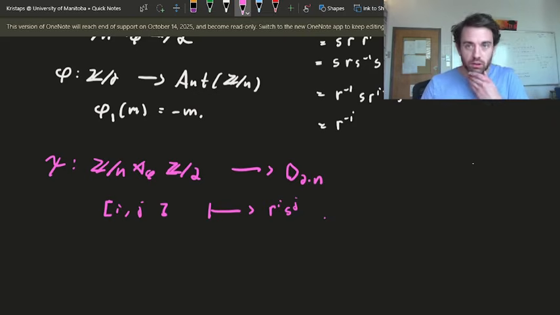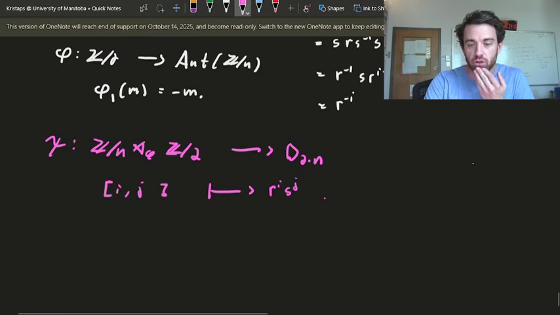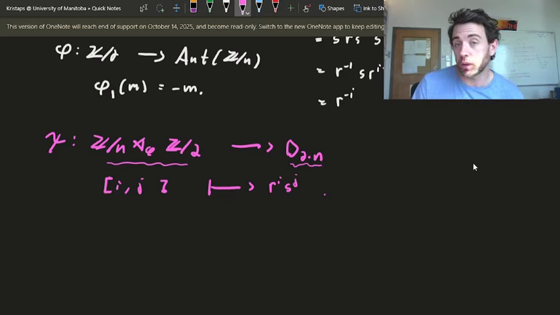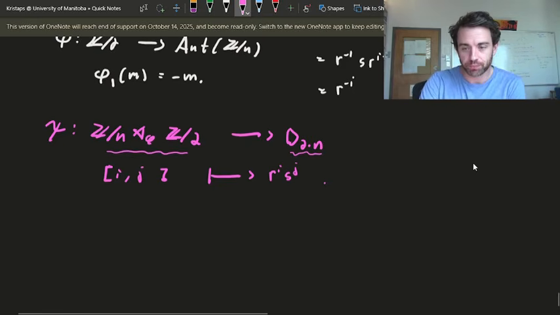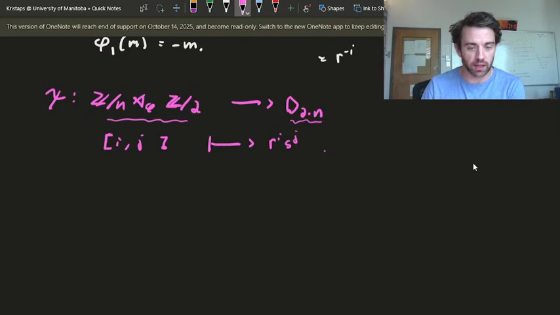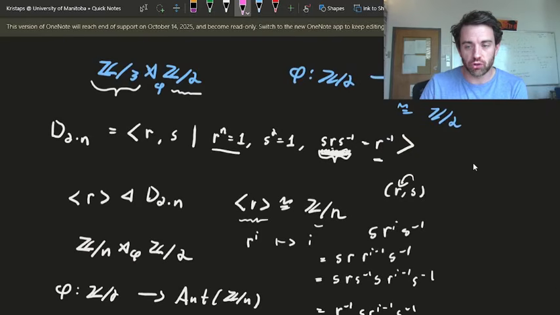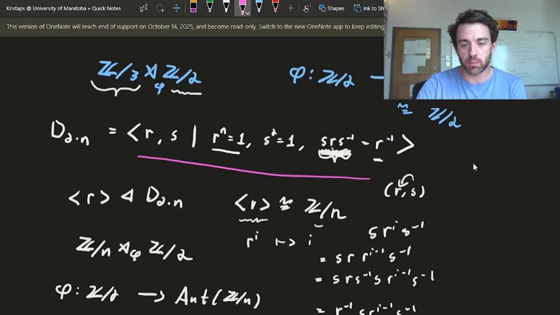In order to show that this is a surjection, we know that the order of this group is 2 times n, and the order of this group is 2 times n. So if we can just show, for example, that it's a surjection, it must be a bijection. To show that, first note that I've given the generator and relation presentation up here.